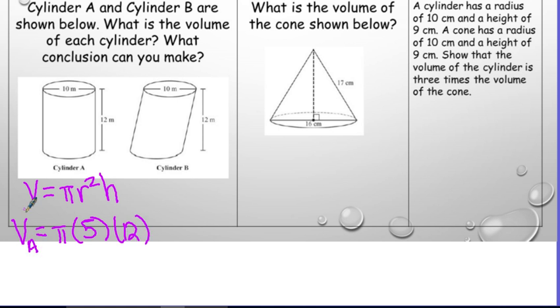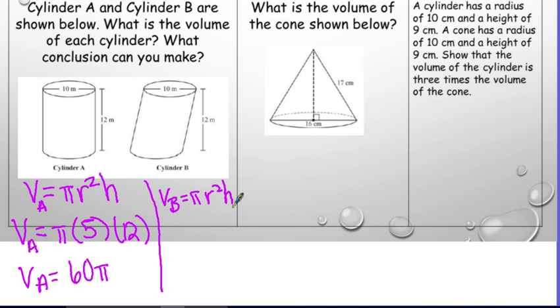This is volume A. And so I would get that is 60 pi. And now I'm going to do the volume for cylinder B, which is going to be the same formula. And I need to be careful, make sure I get the base. The radius is not 10, it's 5.